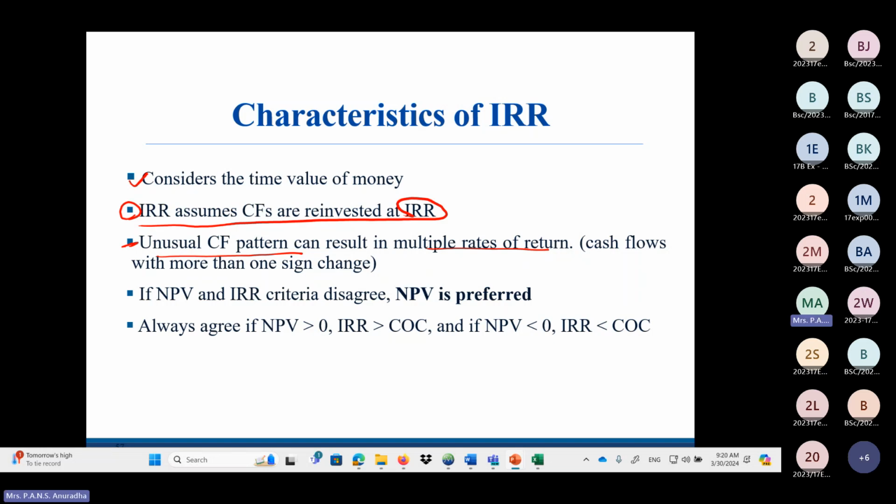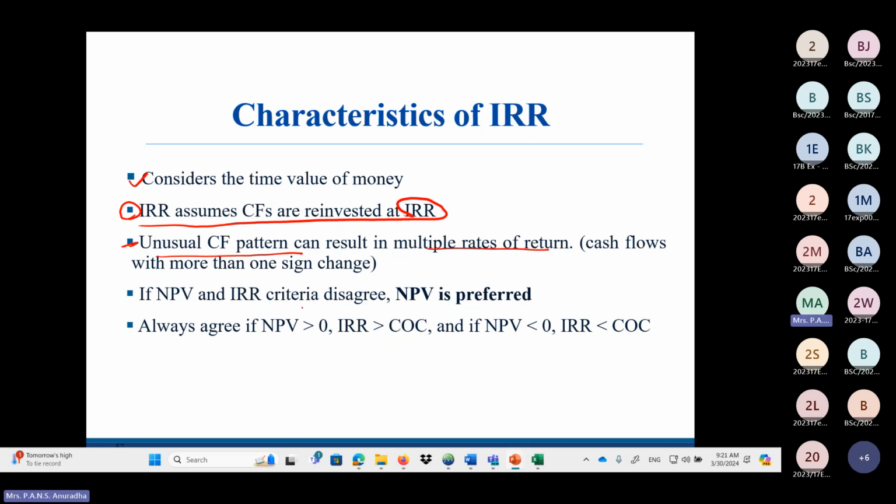So how do we resolve or face this problem? You can calculate the modified internal rate of return by changing the reinvestment assumption to the cost of capital. I will explain that point later. So that is the multiple IRR issue. Right. So look at the next bullet.